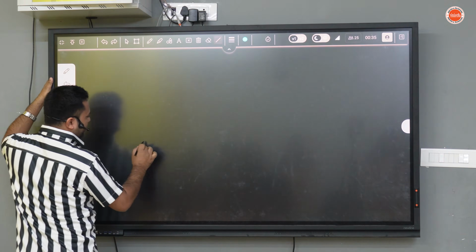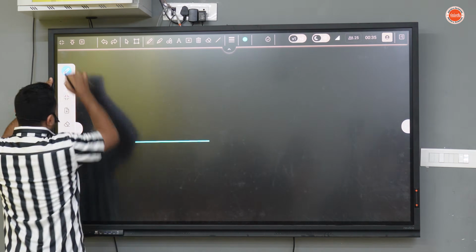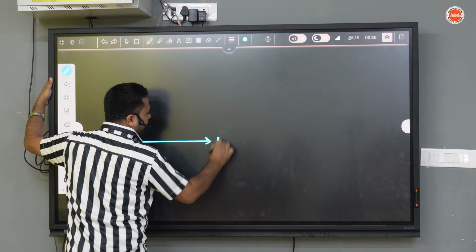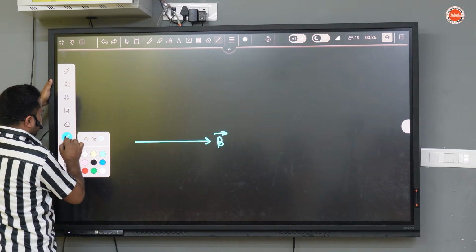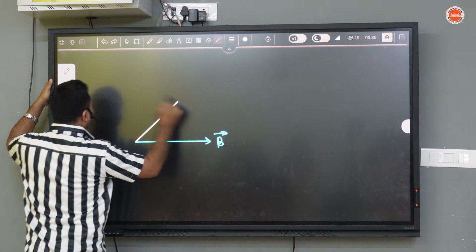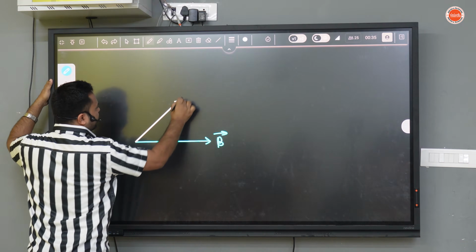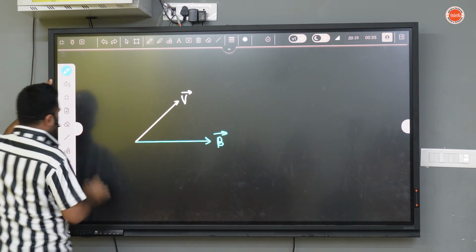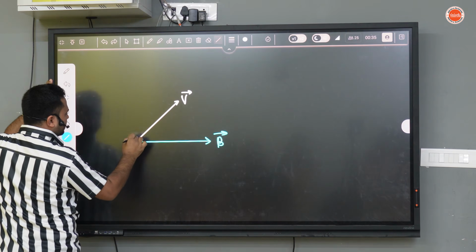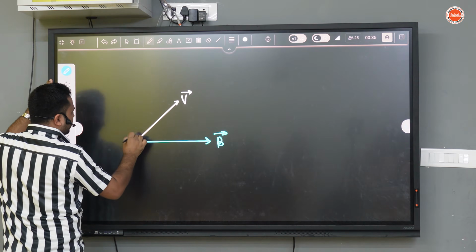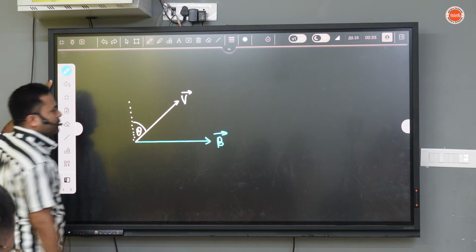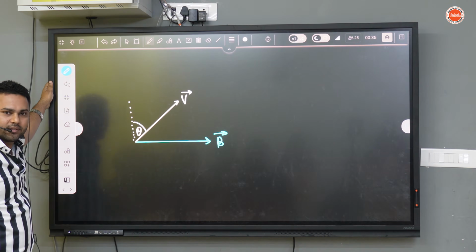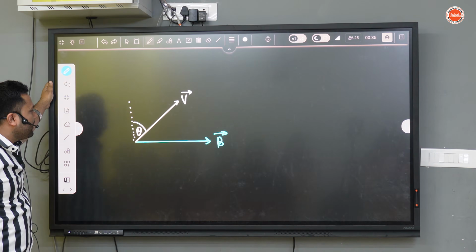Because if they give it like this, see, for example, they have given the magnetic field in this direction. Suppose they give velocity in this direction, and they give this angle theta. Correct? Now what will happen?